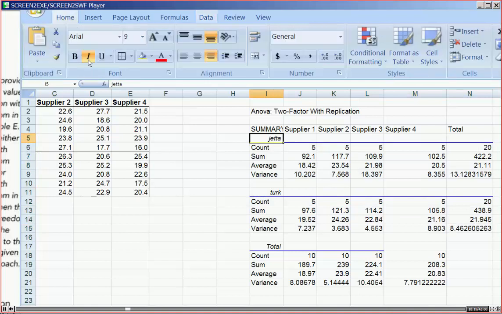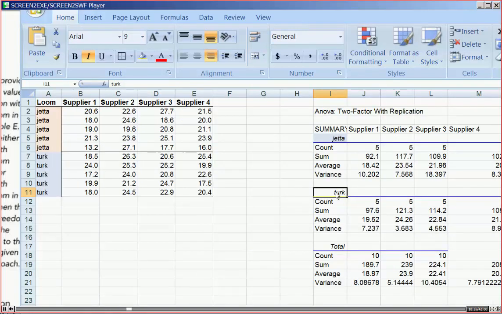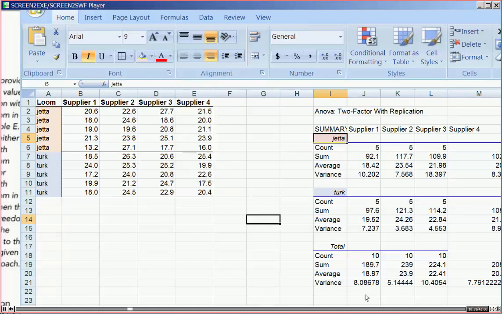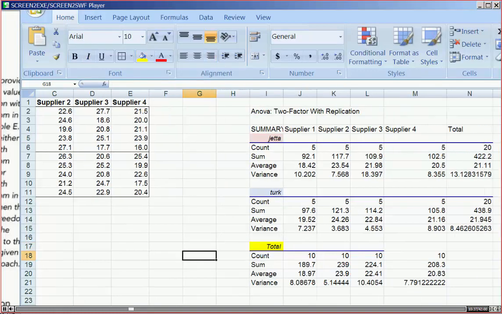Let's put some color here. A little bit. Is Jetta. Okay, Jetta was pink. Let's make Jetta pink. Okay. We have a total. Okay, these are the combinations.